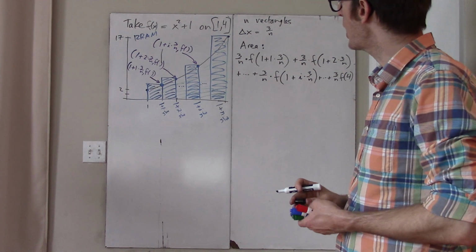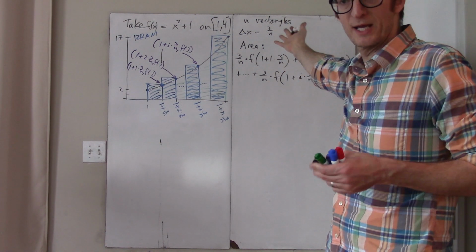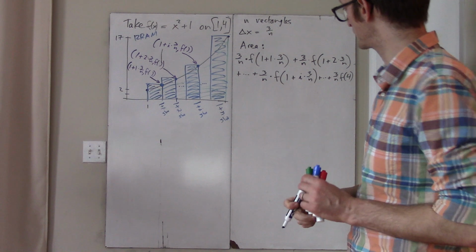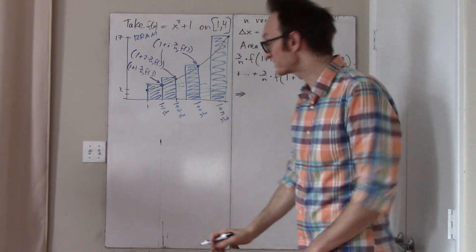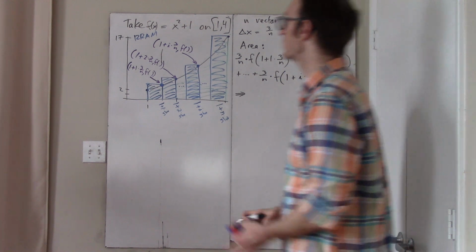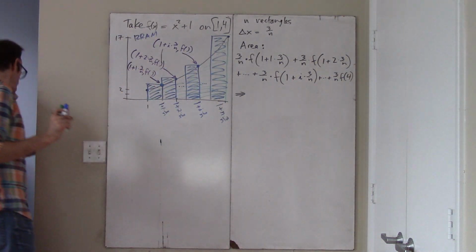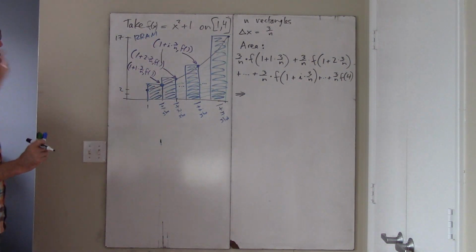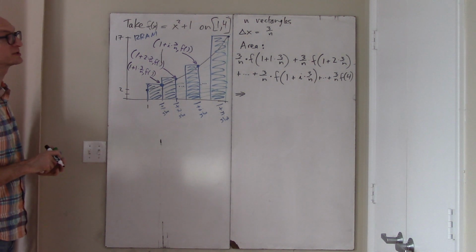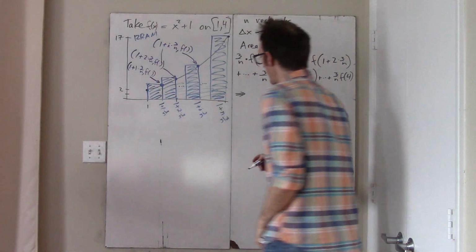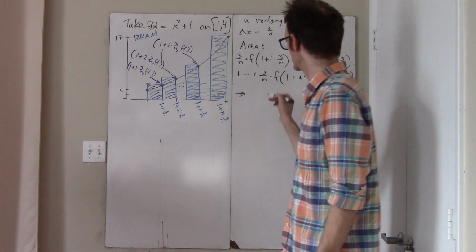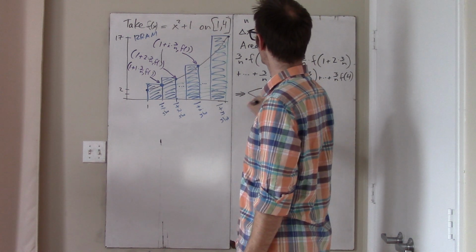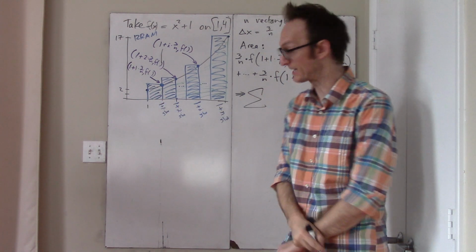Okay, so this gets annoying to write out every time. So we need to elevate to the most sophisticated way of doing this, which is to use sigma notation. So what are we going to be doing? We're going to be adding up n things. And the n things we're adding up are areas of rectangles.